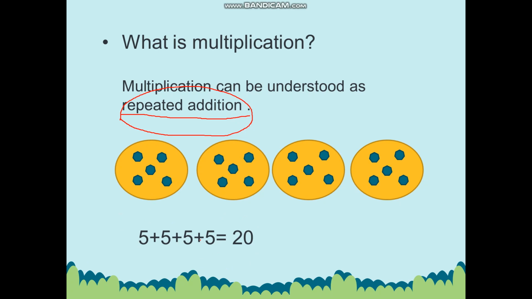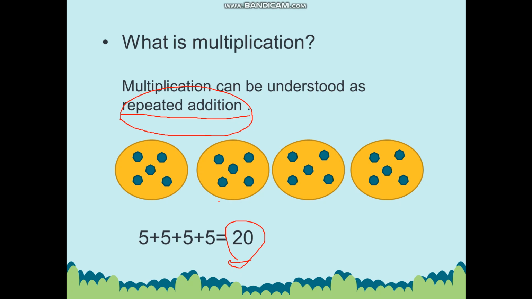So what have you done? You have added 5 four times to get 20. This is addition and we are repeating it again and again. That is why we call it repeated addition.